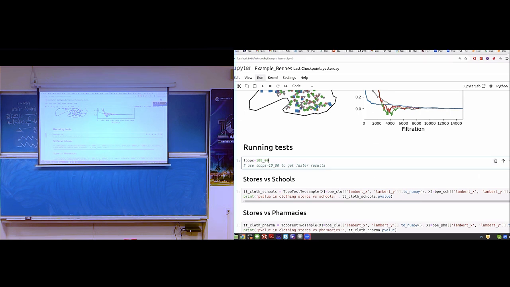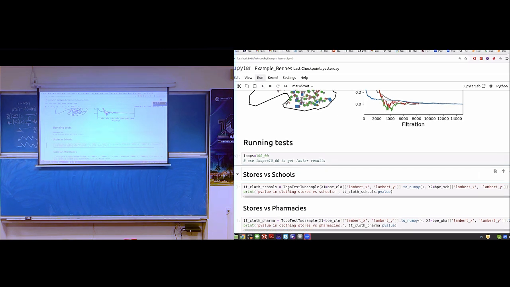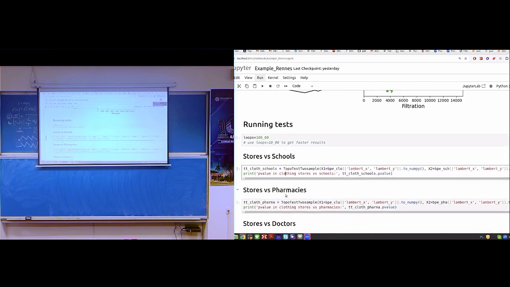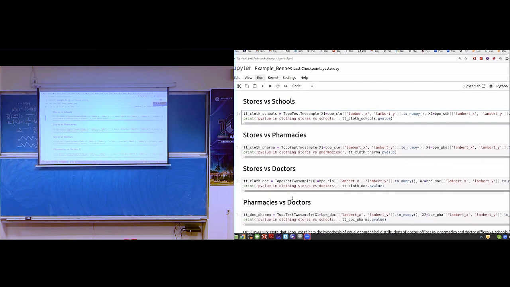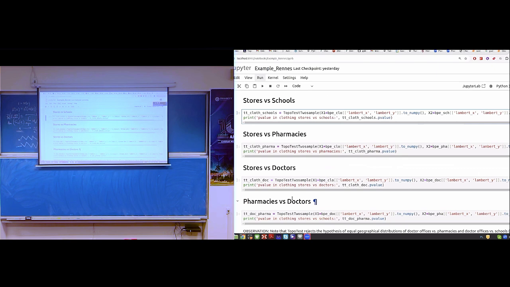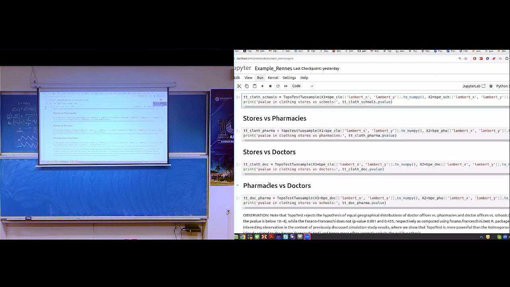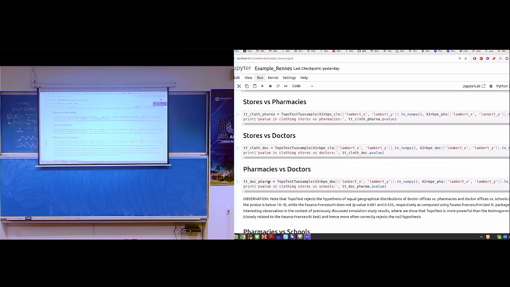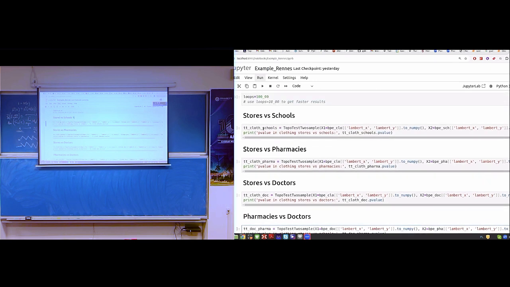Let's do 10,000 iterations in this bootstrap for the two sample problem. And then we are looking at all the pairs: stores versus schools, stores versus pharmacies, stores versus medical doctors, and pharmacies versus doctors. So let me run them.